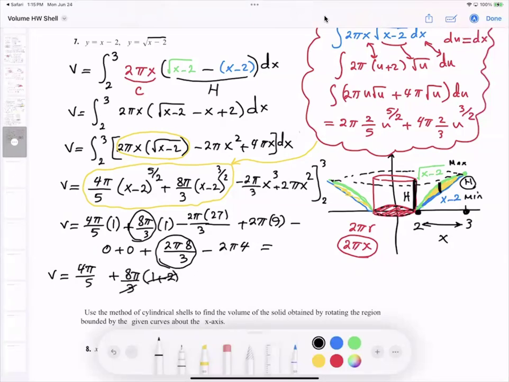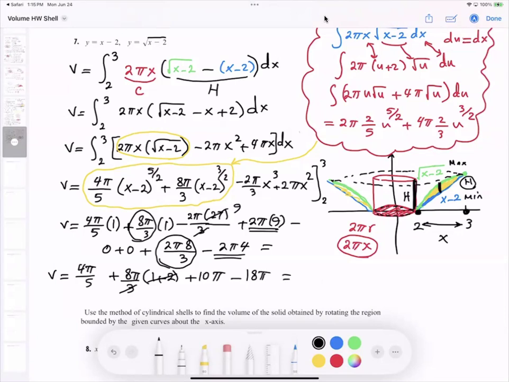And then here I have 18 pi minus 8 pi plus 10 pi. And here, if I simplify this to 9, I get minus 18 pi again. Okay.